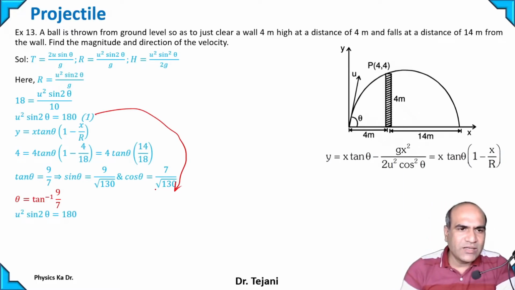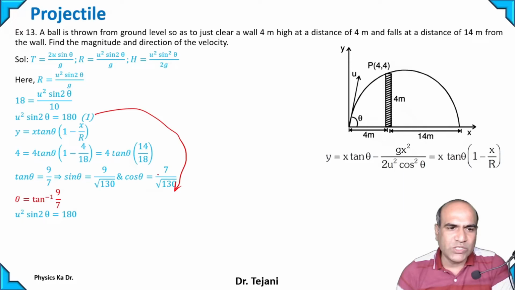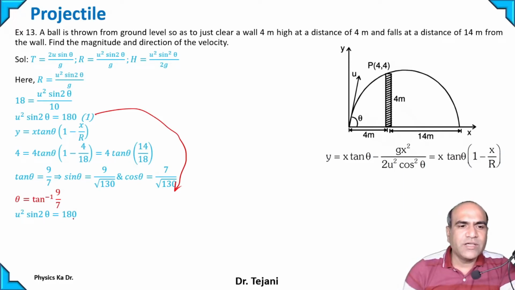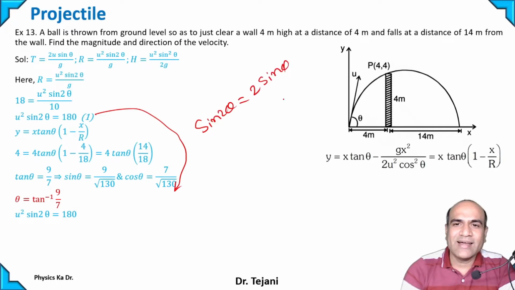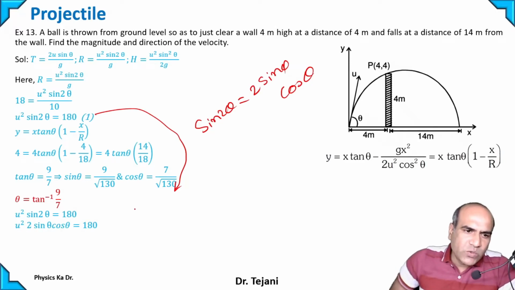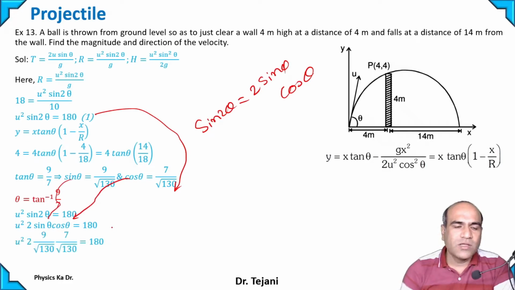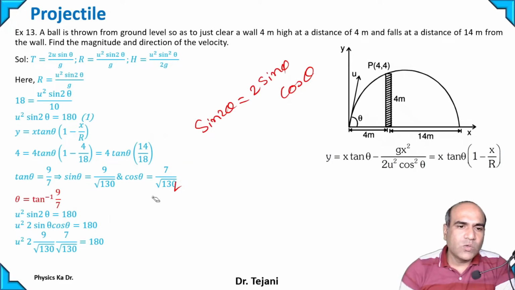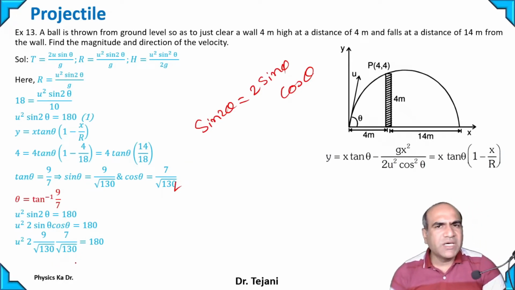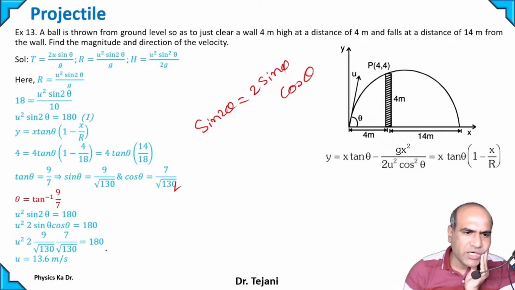So u square sin 2 theta is equal to 180, and sin 2 theta is equal to 2 sin theta cos theta. We have the values of sin theta and cos theta, so u square times 2 sin theta cos theta, put this value here. Now solve this big equation and you get u equal to 13.6 meter per second.